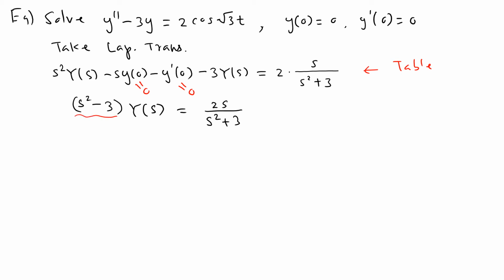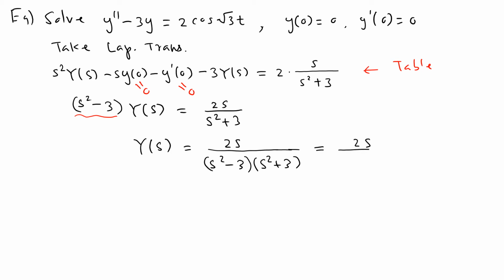Once you do that, you're going to get Y(s) equal to 2s over s squared minus 3 times s squared plus 3. But you can see that this has a nice form. This is the difference of squares situation, so you can write this one as 2s over s to the 4th minus 9.